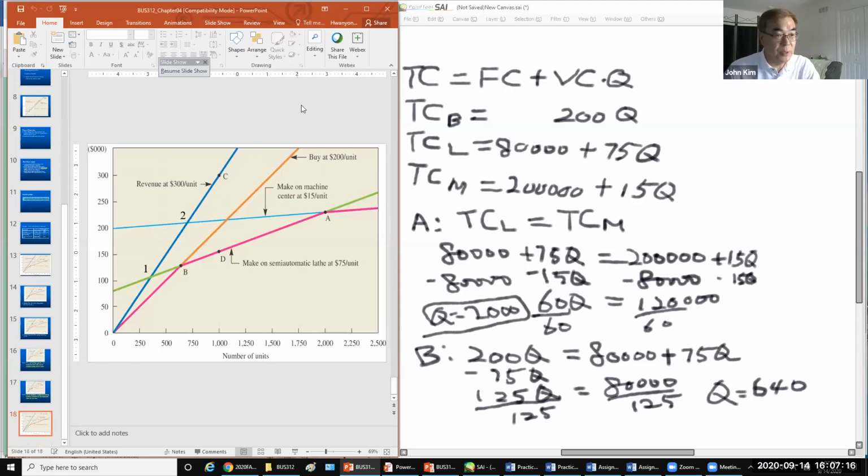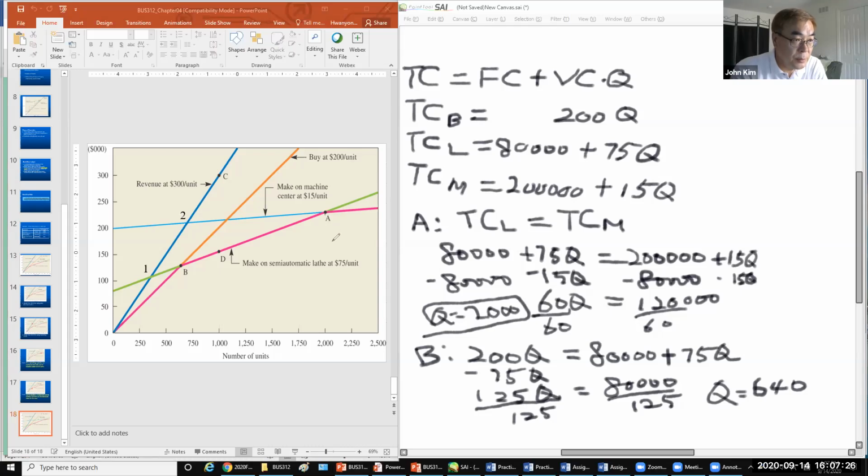Okay, on this slide, annotate. So A is on 2,000 and B is on 640 like this. It's harder to draw a straight line.